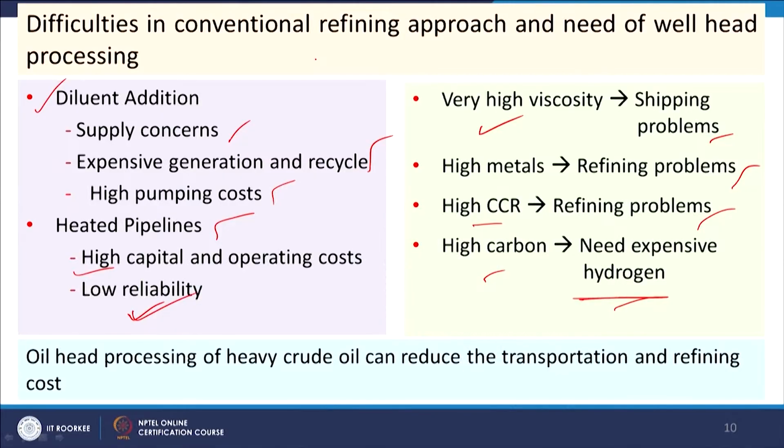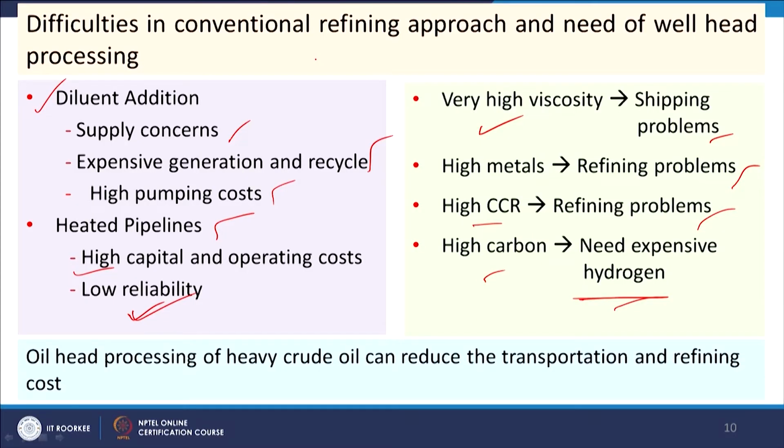So, that is why the difficulty with heavy crude operation at the refinery site is limited by these factors. So, people tried to get some preliminary removal of the impurities at the production site.